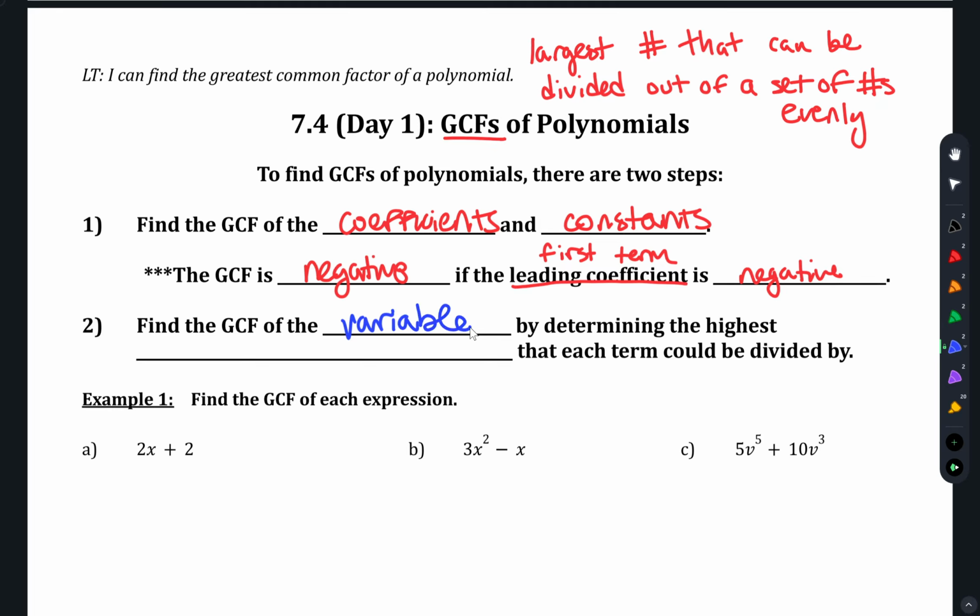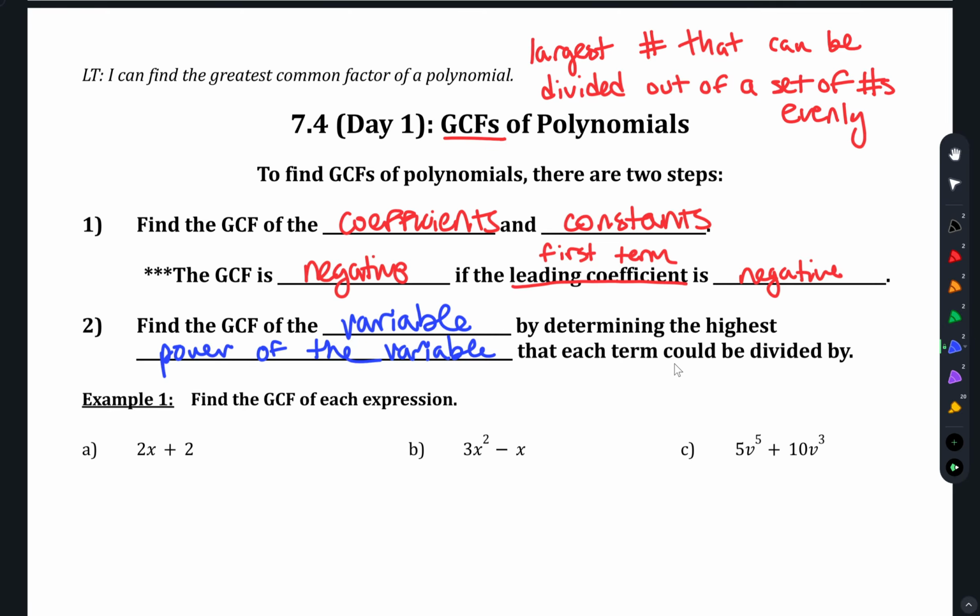We'll go step by step here. We'll go one variable at a time. And we're going to determine the highest power of the variable that each term could be divided by. I'll show you some examples of what that looks like.